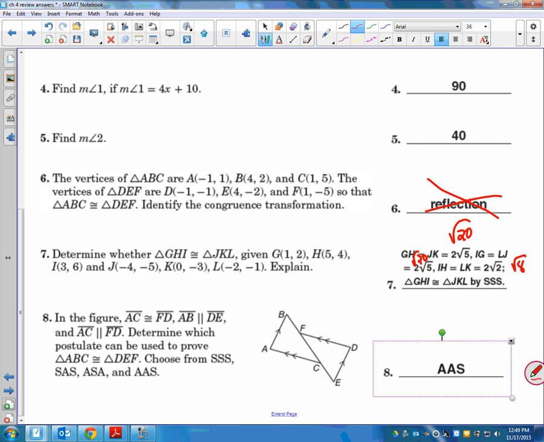Alternate interior angles. Every time they want you to use those. So the fact that this line is parallel to this line, look for the transversal, right? So this transversal is cutting through here. So could I say this angle is congruent to this angle? Because that transversal, those are alternate interior.